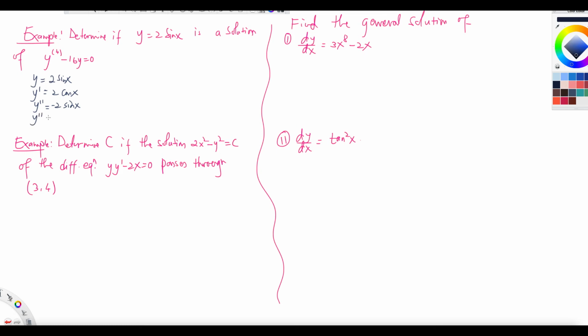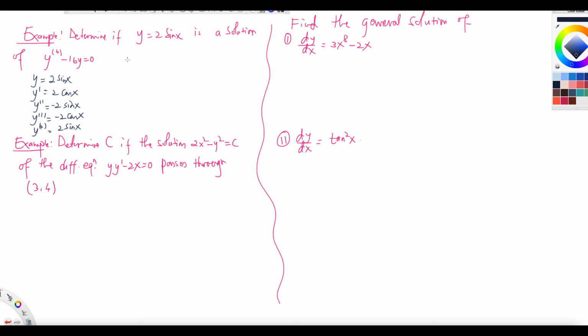Y triple prime is negative 2 cosine of x, and the fourth derivative, y to the fourth, equals 2 sine x.